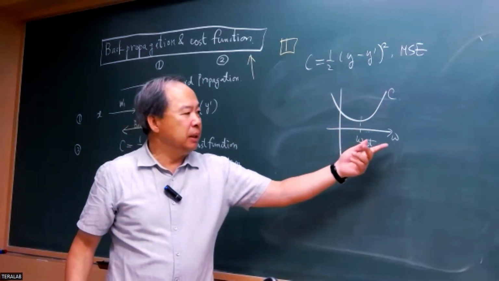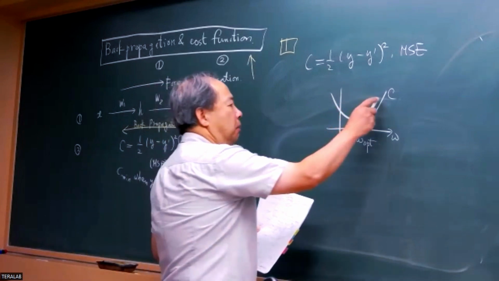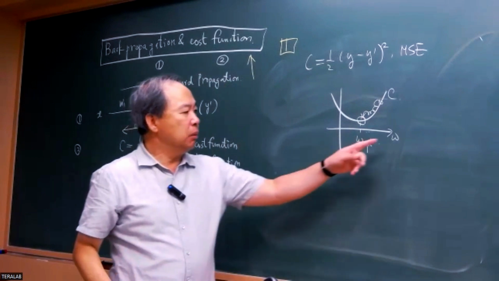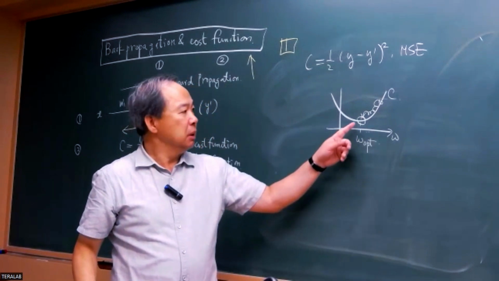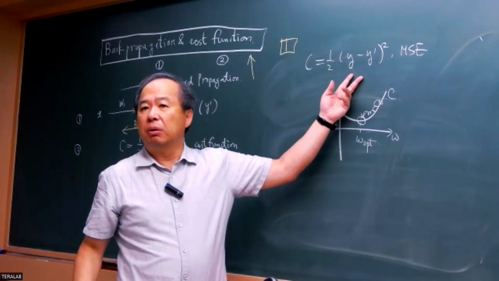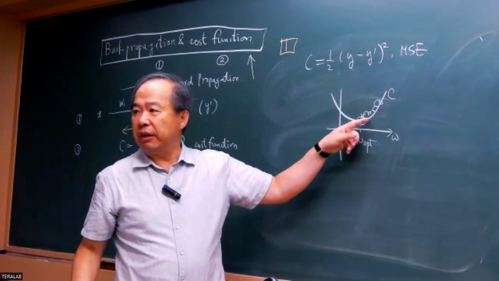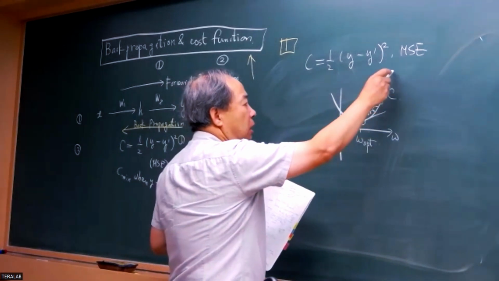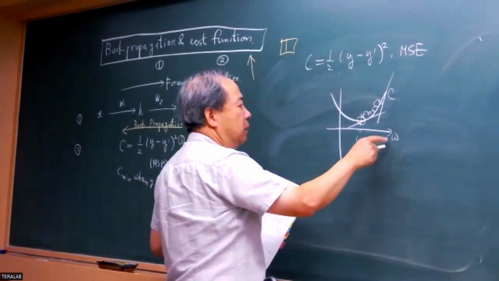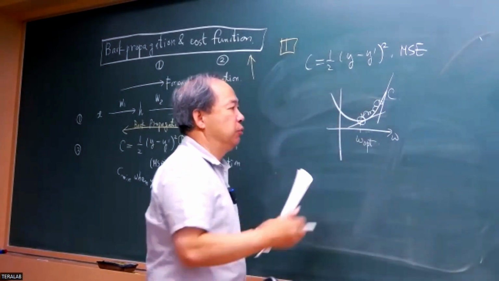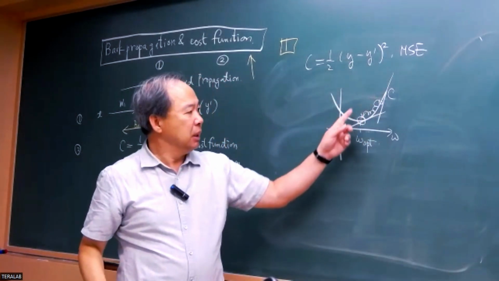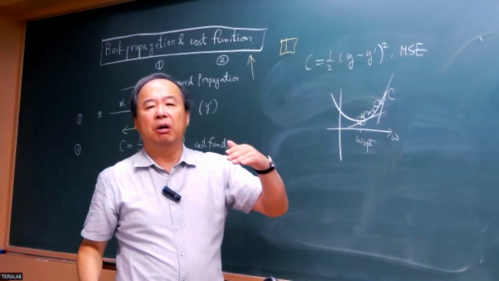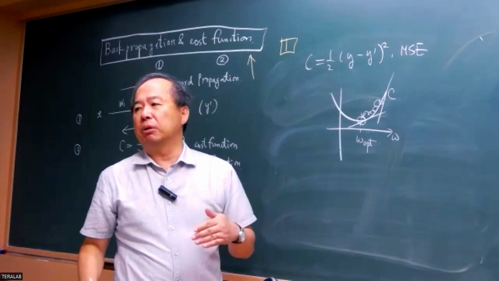So when we are doing the back propagation, when W is near W optimal, the difference is really small, so the slope is going to be very small. Meanwhile, when y and y dash differ a lot, we may have a large slope. But near this optimal point, the slope is very small. So the learning rate is very small.